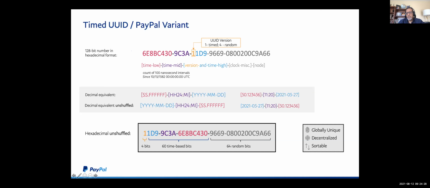Once we have it in this format, this timed UUID is globally unique. UUID gives you that characteristic. It is decentralized, which means that you don't have any dependencies. You can easily generate this in Java. But the last one is the one that is of interest. Right? It is sortable on time because we shuffled the bits, right? These bit shift operations are very, very simple, can be achieved very easily in code.